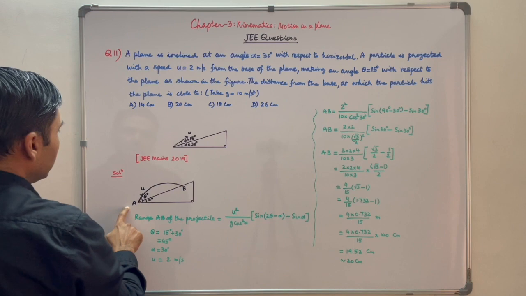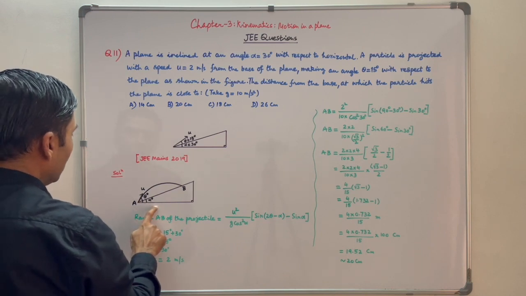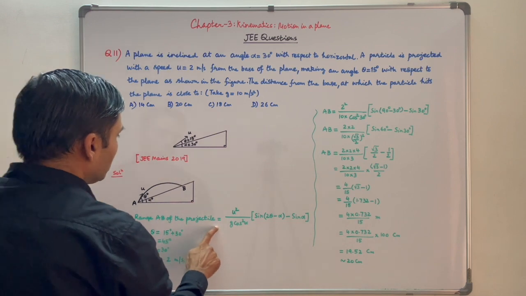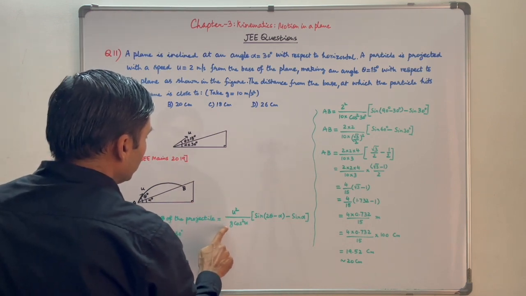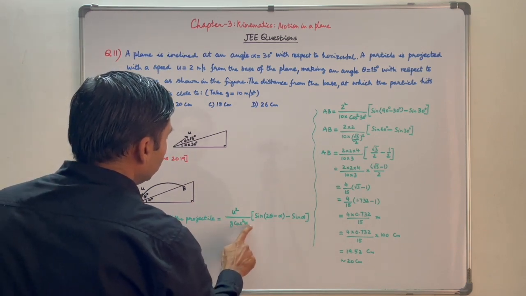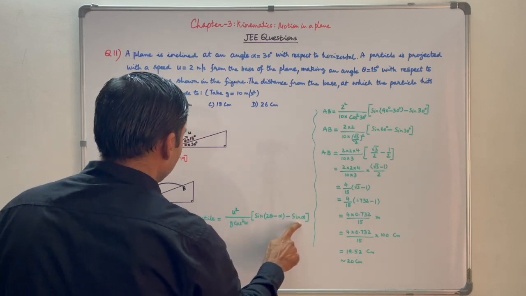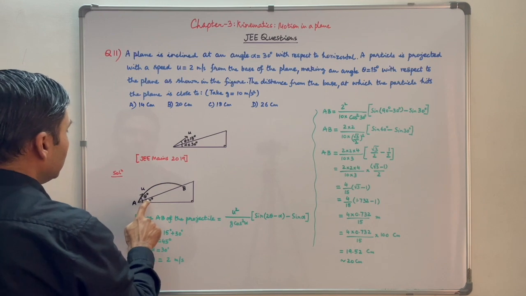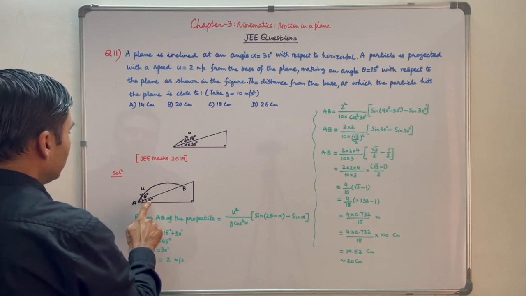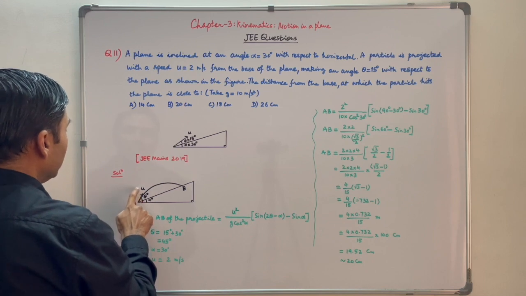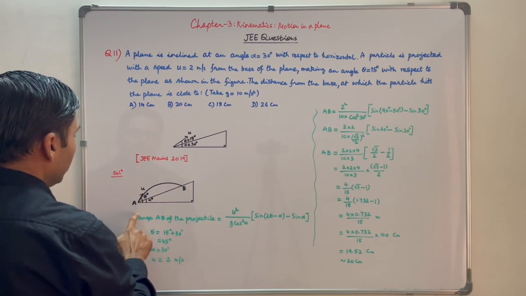We have read that in this particular scenario, range AB of the projectile is given by this formula: u square upon g cos square alpha into sine (2 theta minus alpha) minus sine alpha, where alpha is the angle of inclination of the plane and theta is the angle made by u with horizontal.